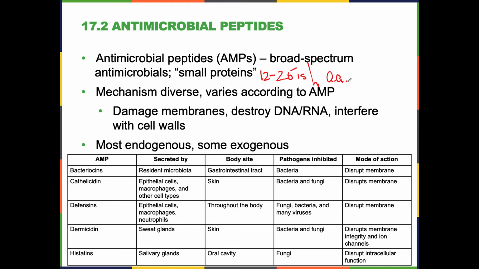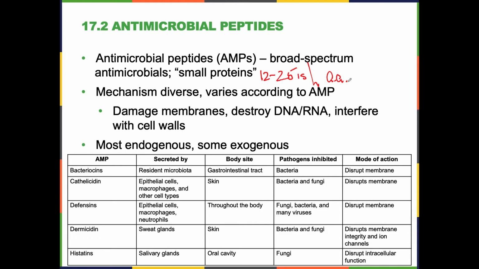Most of them are endogenous, so we produce these things. Some are exogenous, so some of these peptides are produced by microbes that kind of live with us, and they're very interesting, right? They were initially characterized in some invertebrates, and it turns out it's a very rudimentary immune system, right? So in invertebrates, which don't have an actual immune response, they do produce these peptides, and peptides are very small.